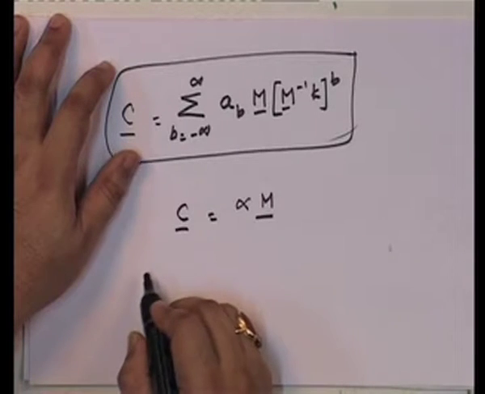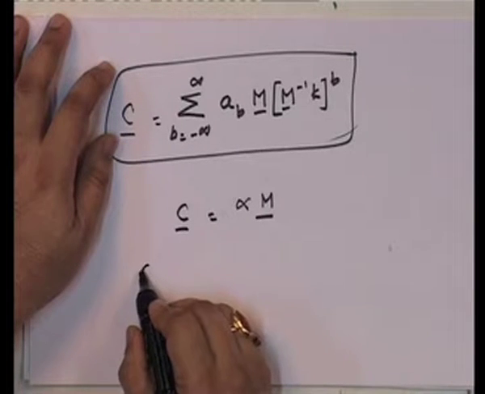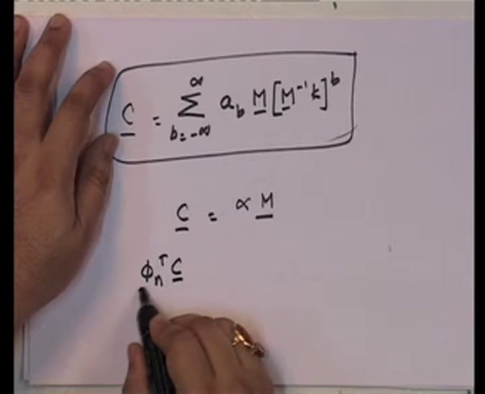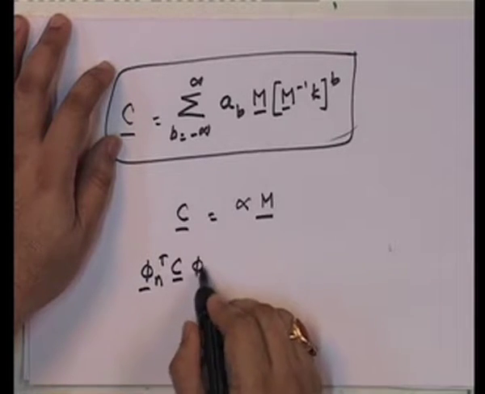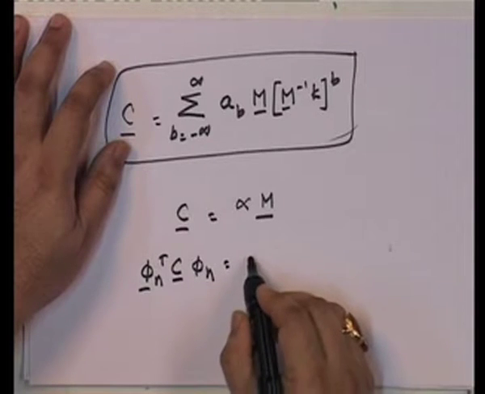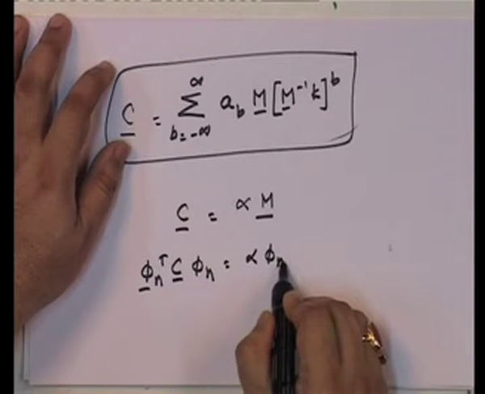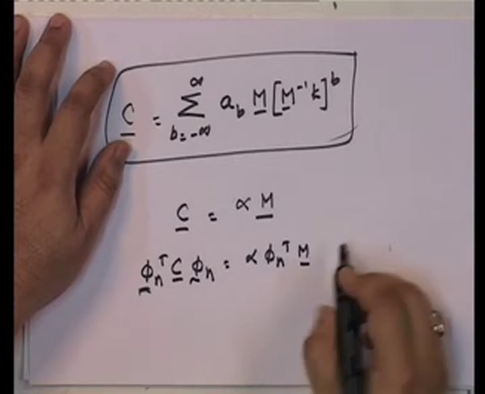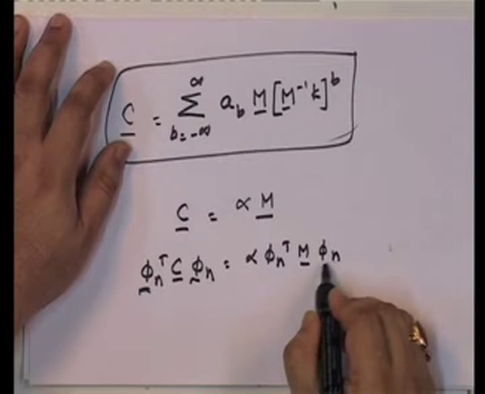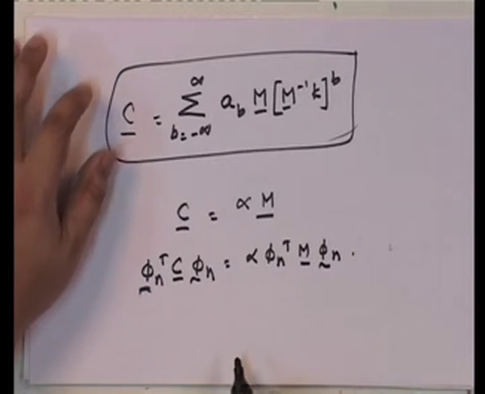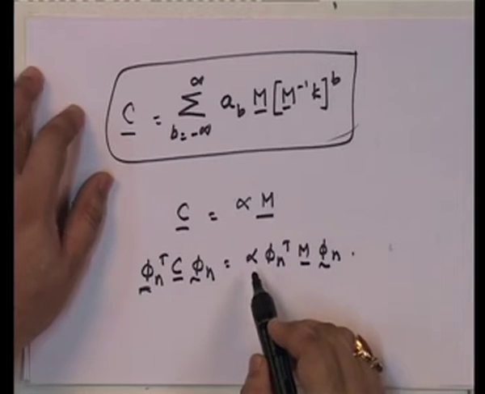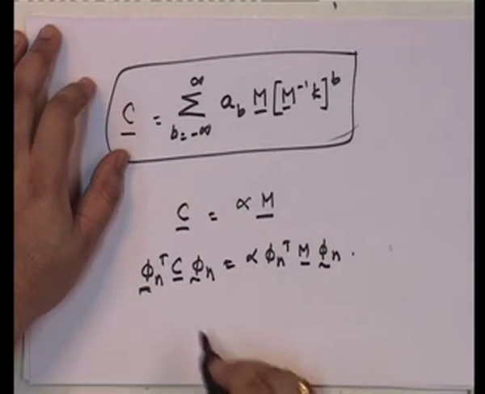We have a situation where I am post multiplying and pre multiplying both sides, post multiplying with phi n and pre multiplying with phi n transpose. So, I have done both.